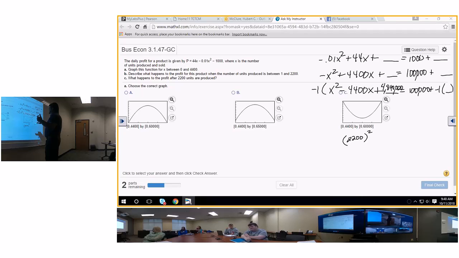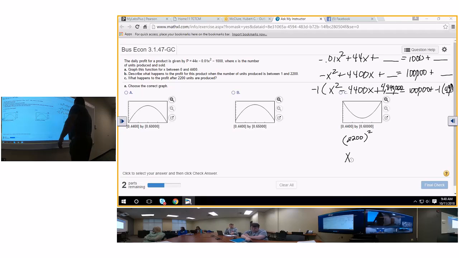So that's why you don't want to try to do completing the square here. I'm not even going further, because that'll give you x minus 2200 quantity squared negative 1. I'm just going to finish it. Take 100,000 minus 4,840,000.